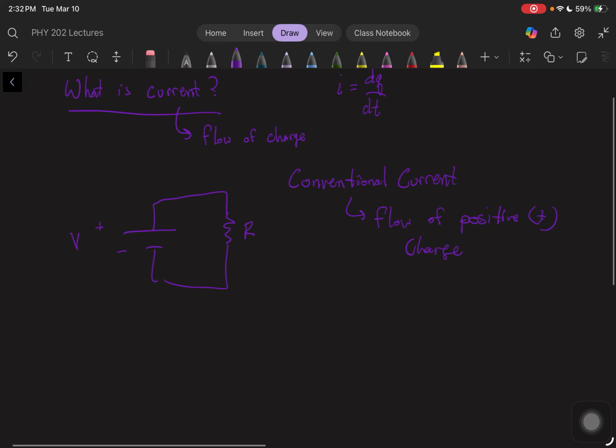And so we could look at this circuit and say positive charges leave the positive plate of the battery and flow through this circuit clockwise.